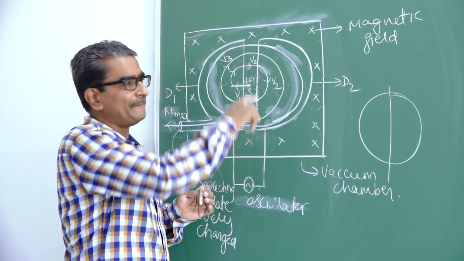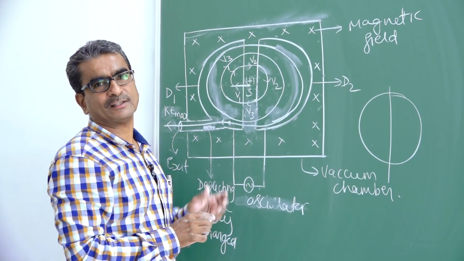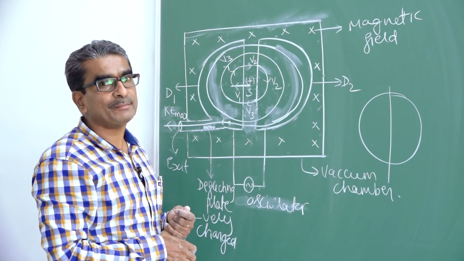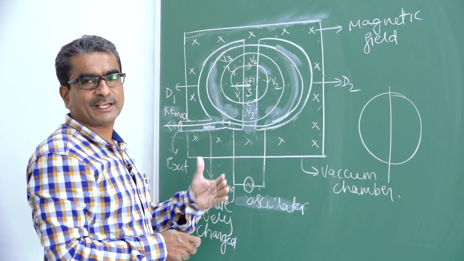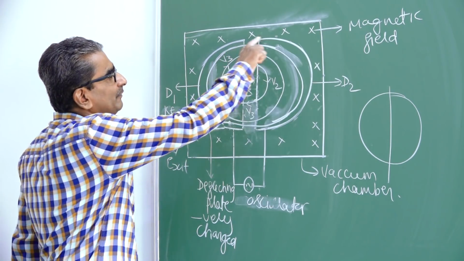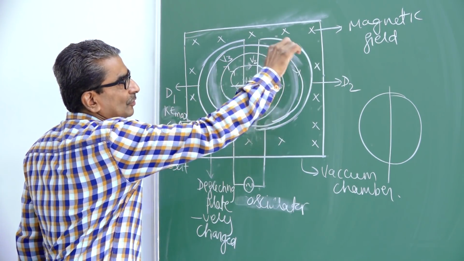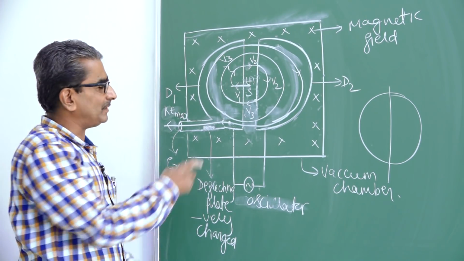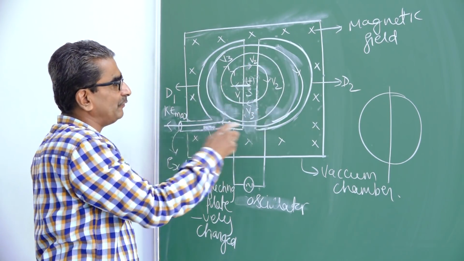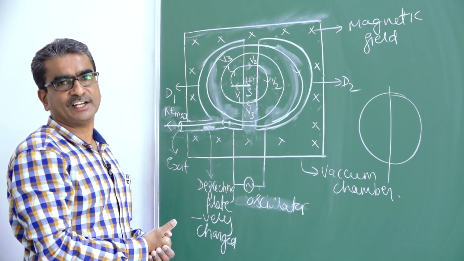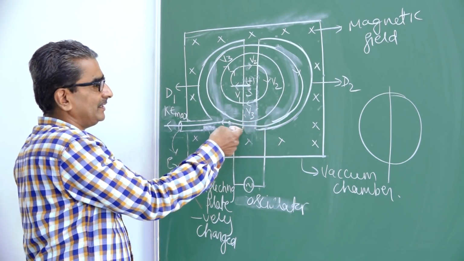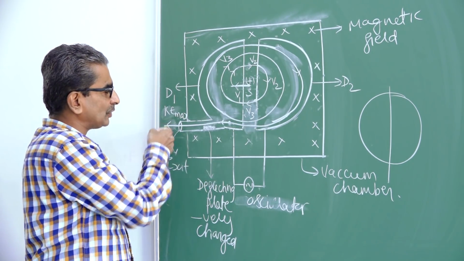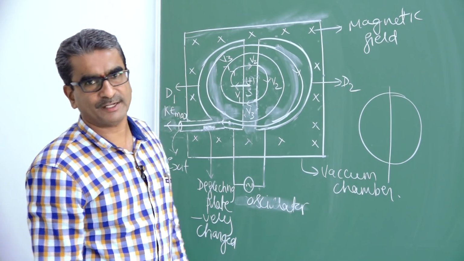Electric field accelerates, magnetic field deflects the path of the charged particle. This is the third one which we have to remember. Then kinetic energy becomes maximum only when the charged particle moves close to the boundary of the D, because the charged particle does not get any further space to increase its radius. Thereby it has to come out through this exit only, and it is thrown out by making use of the negatively charged plate.